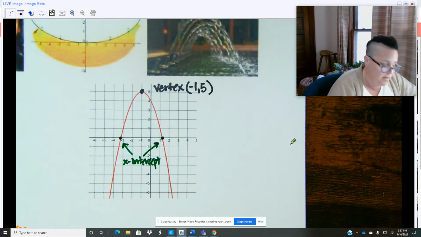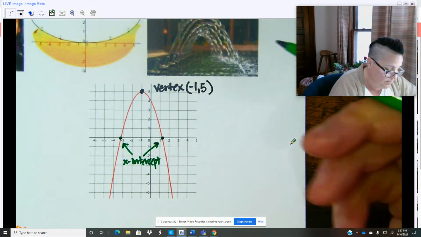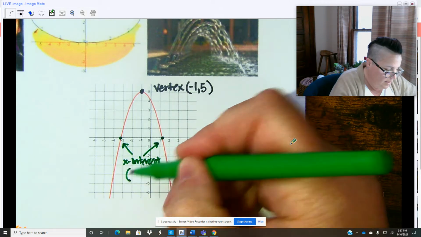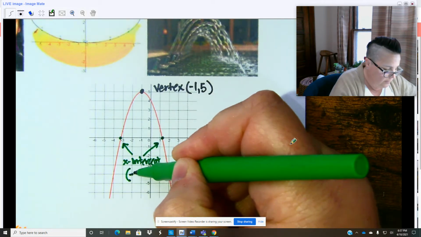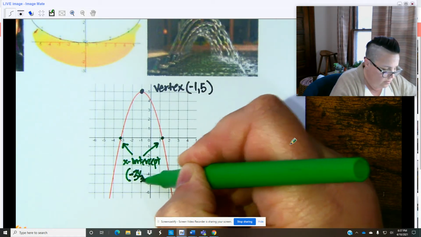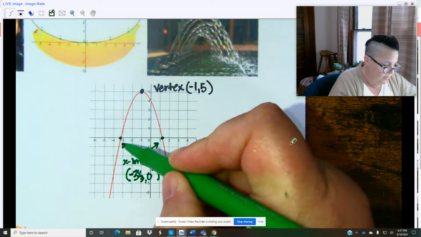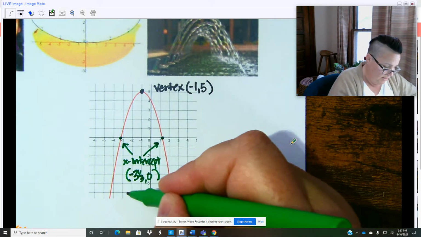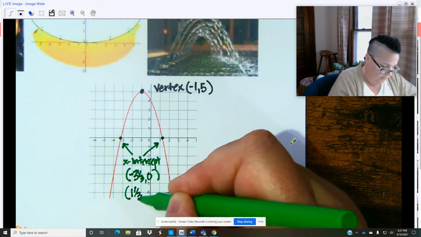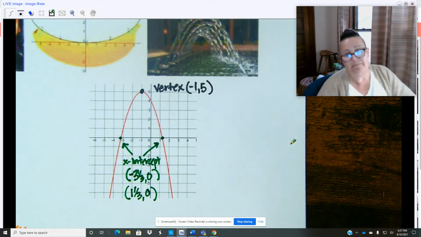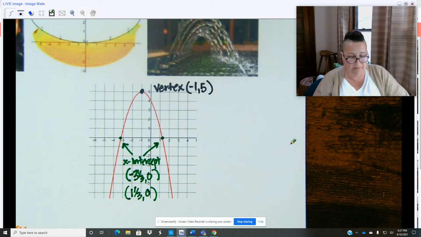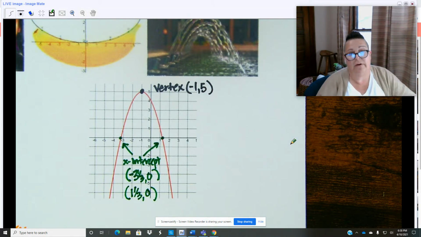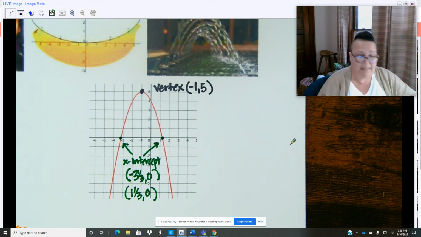But if I had to put a place on it, I would say we're at (-3 1/3, 0) for the one on the left, and this one, I would say, was (1 1/3, 0). So it might not be exact, but it's a pretty decent approximation based on the detail I have in the graph in front of me. I'm doing the best I can.